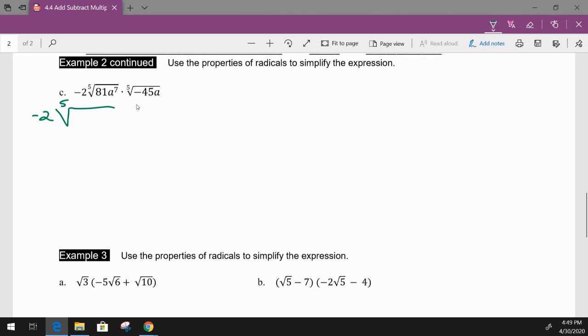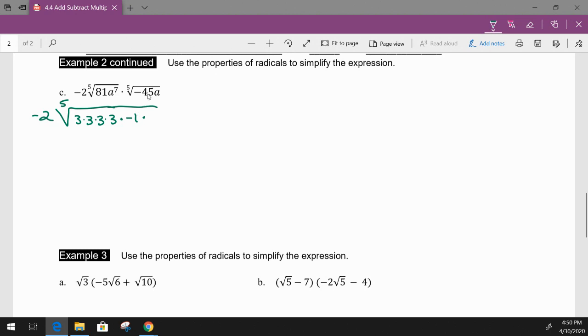But instead, I'm going to factor that 81 down into 3 times 3 times 3 times 3, because I know that 81 is 3 to the fourth power. The -45, I'm going to separate the -1 from the 45.